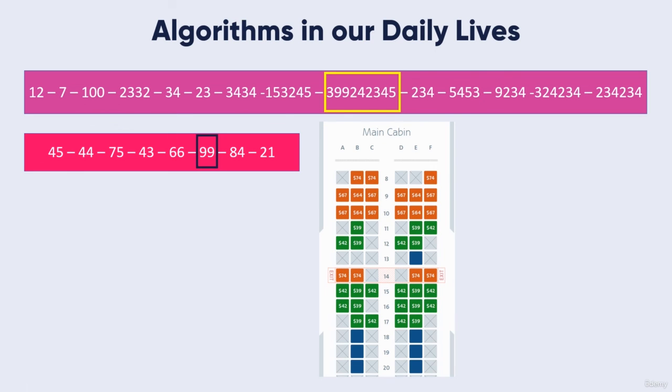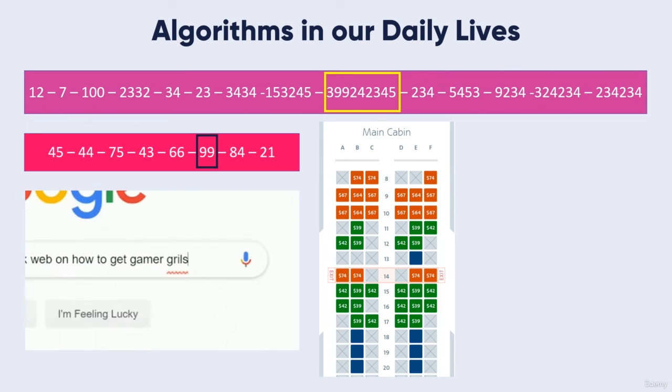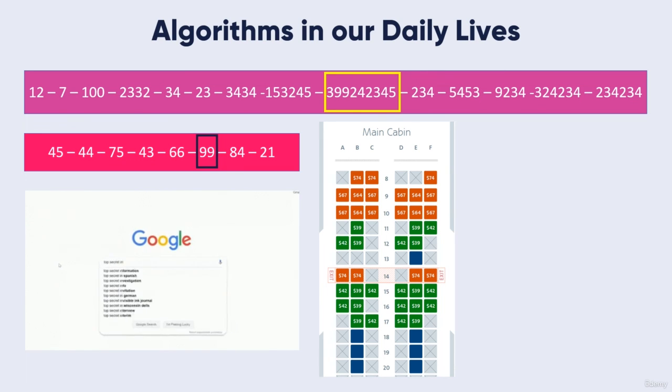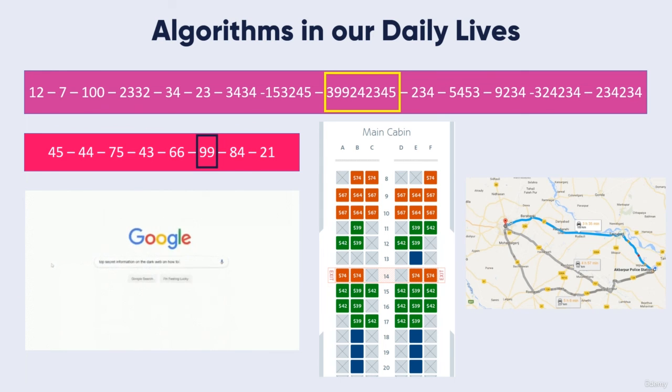Or you need to find out which seats on a train or airplane are occupied, or find and list results from search engines like Google, or provide instructions that tell you how to get from one location to another by the shortest way using Google Maps. We are going to learn more about these algorithms through this course.